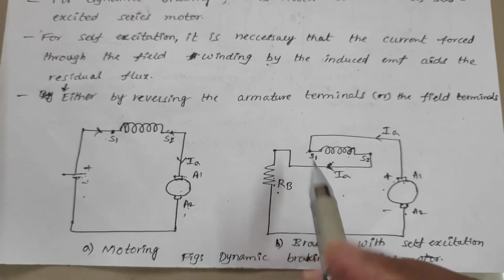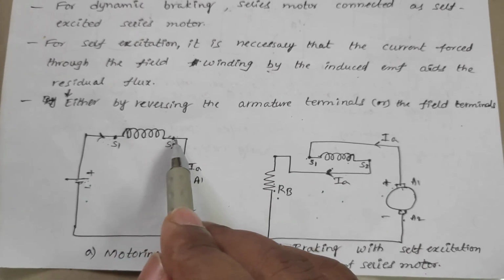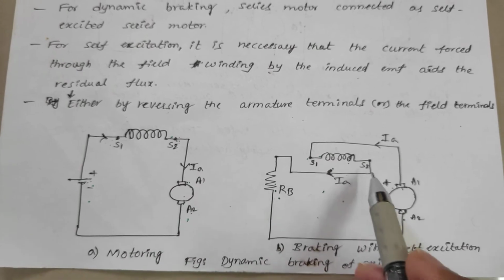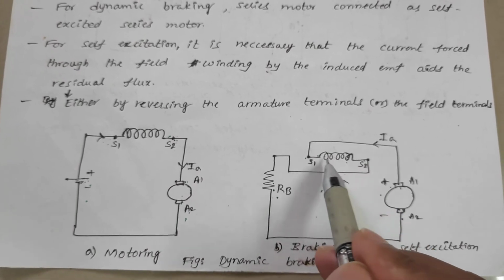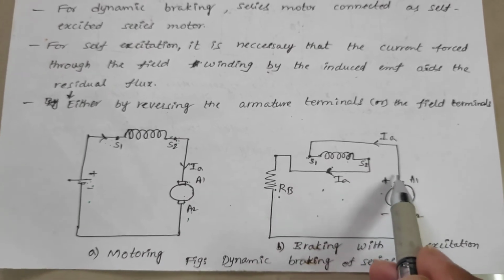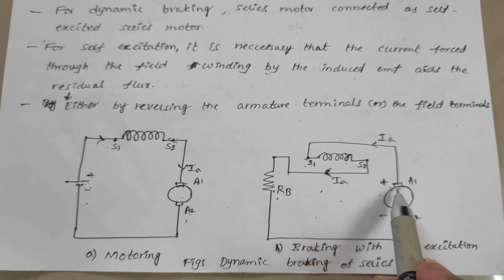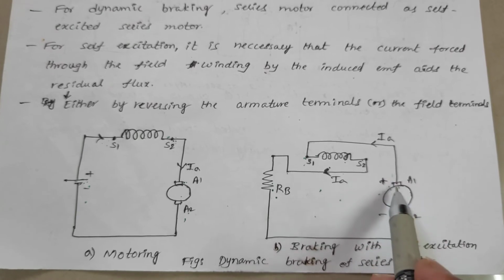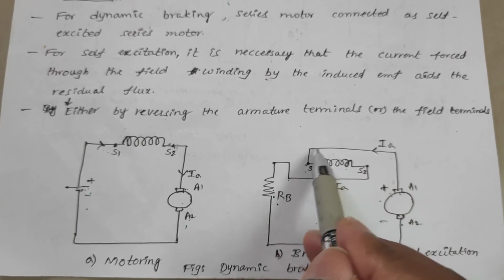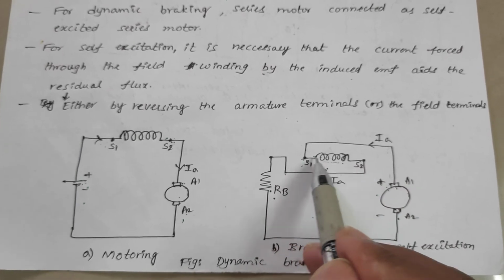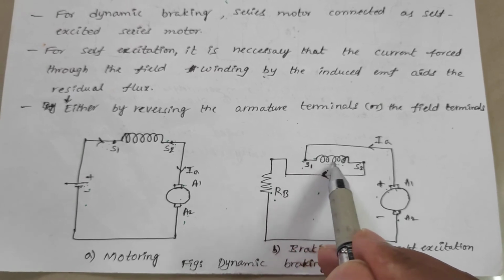If you see here, earlier S2 is connected with A1. Now S1 is connected with A1. We have just reversed the field terminals, so that your armature current is negative. Armature current gets reversed. But if you see, the field current is flowing through the same S1 to S2 only.